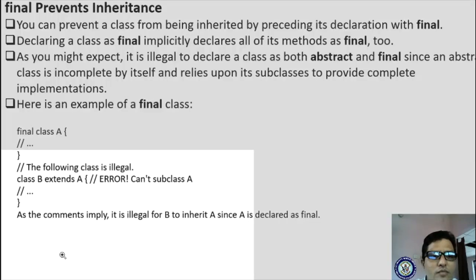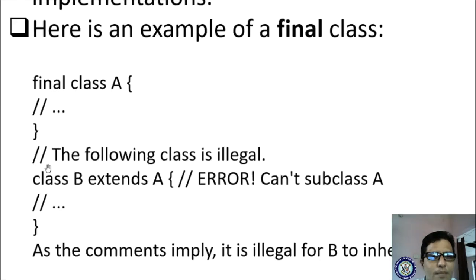Now you are seeing a sample example, final class A. So here the final class A exists. It consists of a body, methods, and whatever implementation code you are writing, that implementation code acts as final.